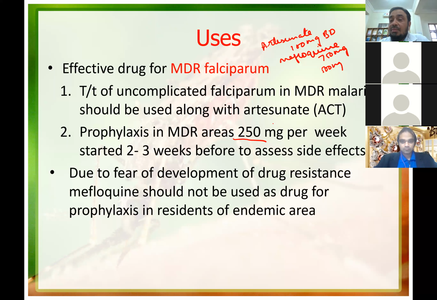So that you come to know about the adverse effects. If the patient is having adverse effects, you change the drug. And also 1 week before, so as to achieve the target concentration. So these things should be taken care of, and due to the fear of development of resistance, it is not used in the patients of endemic area.